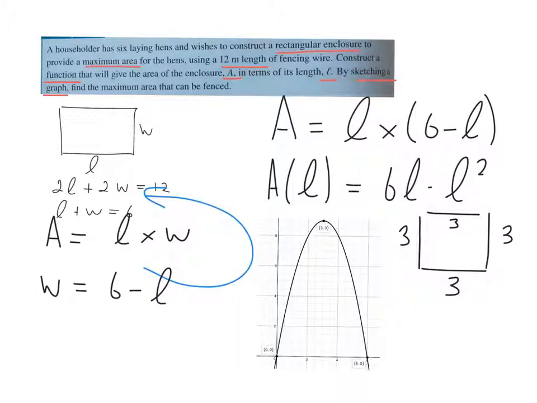Therefore, the domain will have to start at 0, so x is a subset of 0 to 6, because that's where the intercepts are. And we know that if we go outside that interval, the area drops below 0, which is a negative area. And if you want to talk about the range, we can go from 0 to 9, using the minimum area and the maximum area.